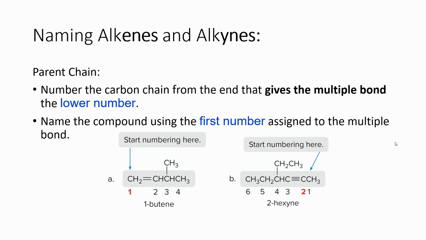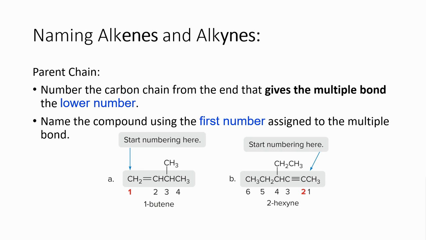So this one over here, we have 1 carbon, then 2 carbons. So this double bond is between the second and third carbon. We number from the first carbon that the double bond sees. So it's between the second and third, that's at the 2 position. Does that make sense?